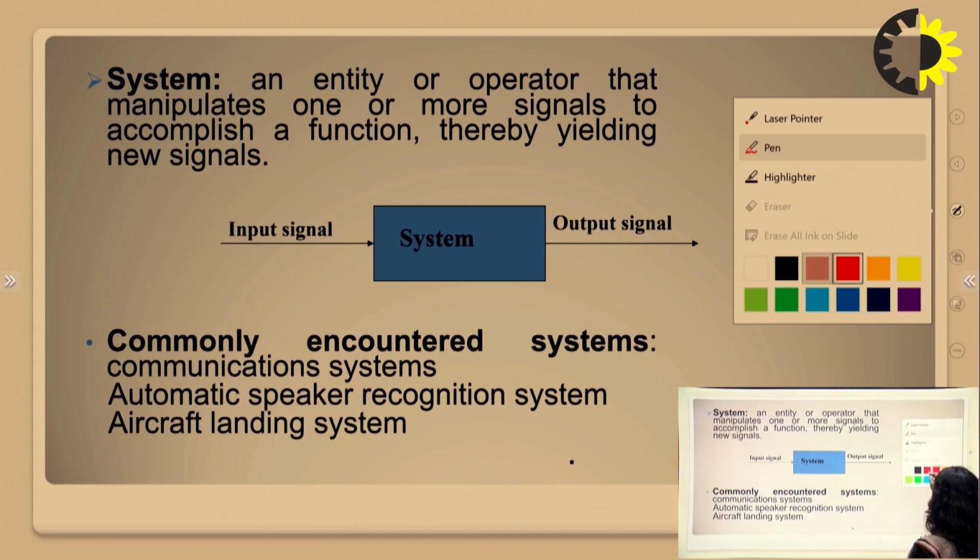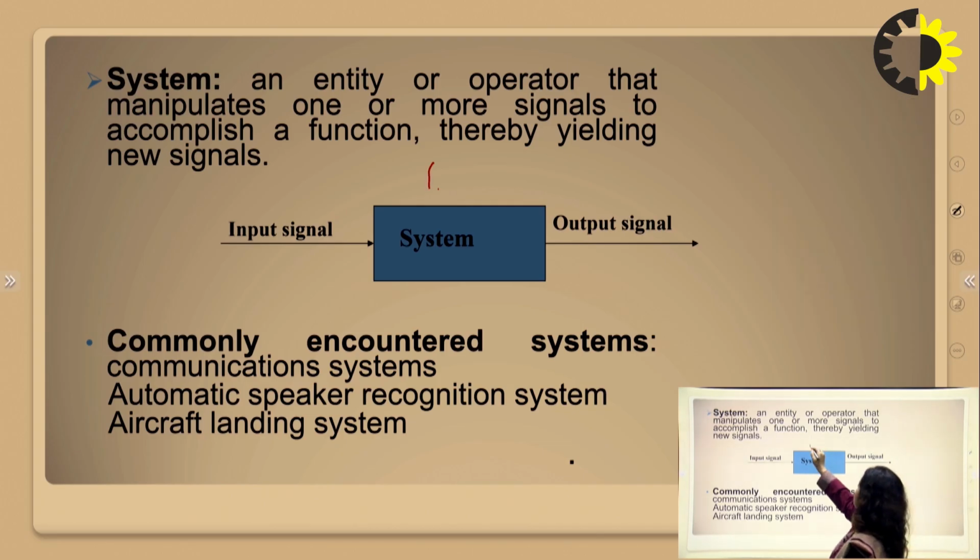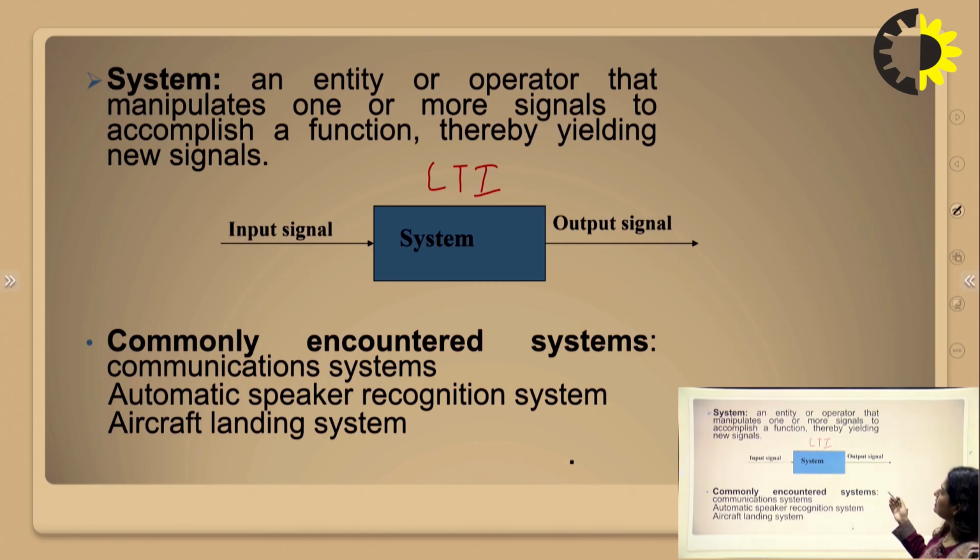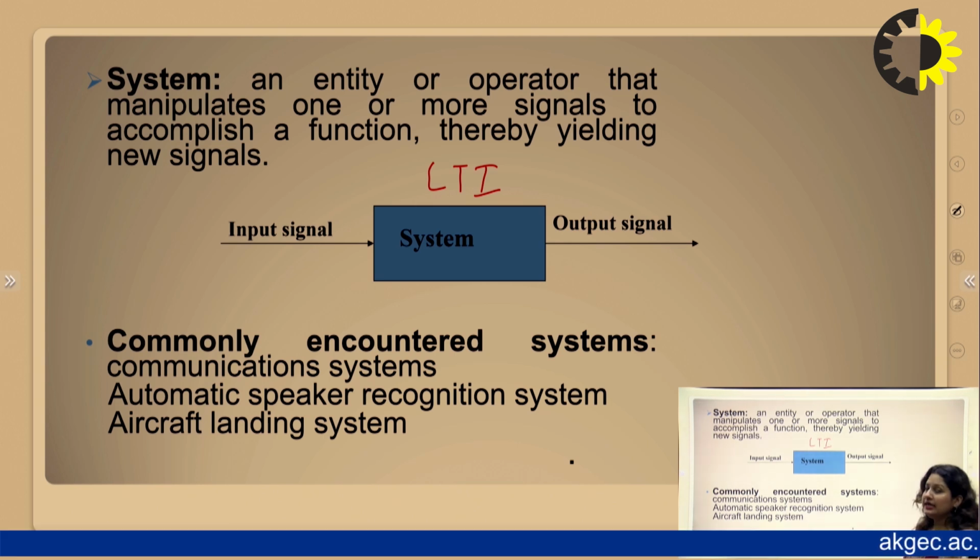We have an input signal, and we get an output signal which depends on the characteristics of the system. There are various characteristics of the system which we will discuss in later slides. Commonly encountered systems are communication systems, automatic speaker recognition systems and aircraft landing systems. These are also systems we have in daily life.